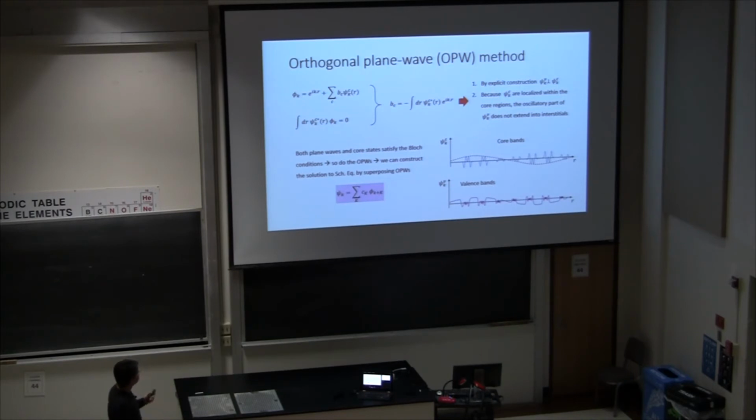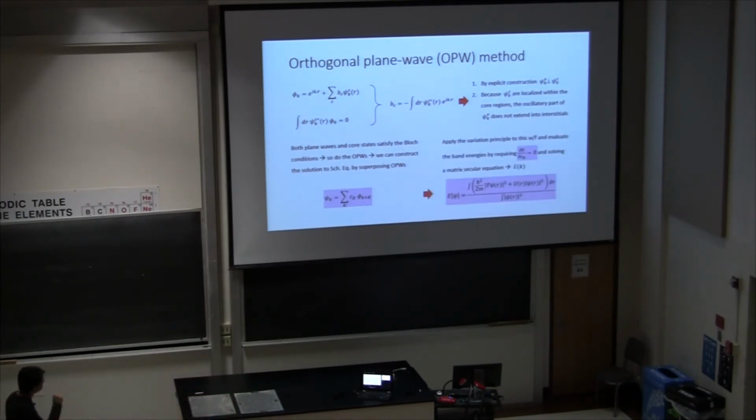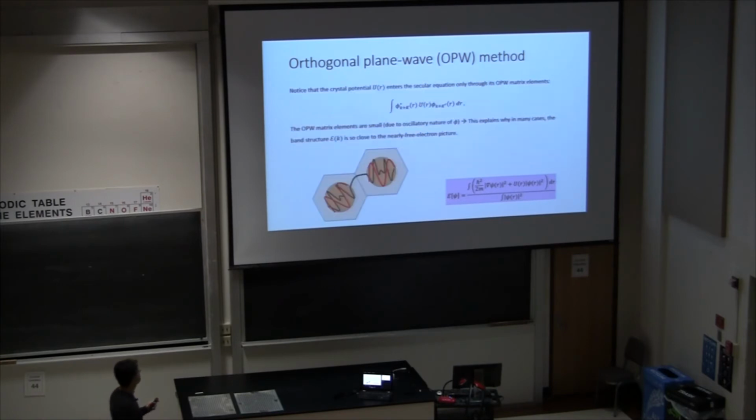The second advantage of this method is that this plane wave sector of the wave function explains why the nearly free electron approximation that we learn in our condensed matter courses works so well. Usually this part is the largest part of the wave function. But I must say that in most modern computations, it's the augmented plane wave that's being used and not the orthogonal plane wave, for the exact same reason that you mentioned.